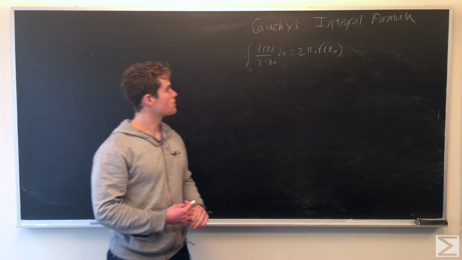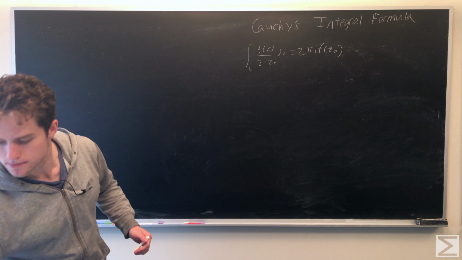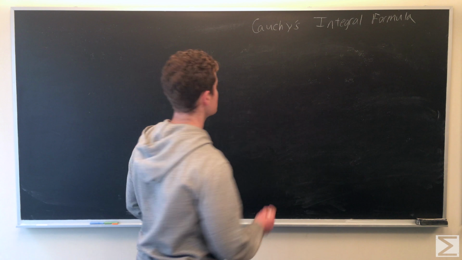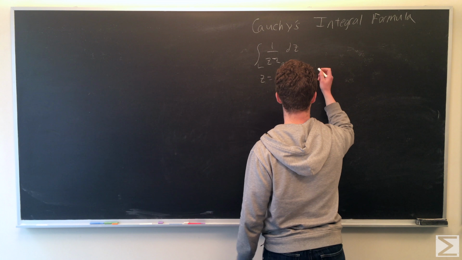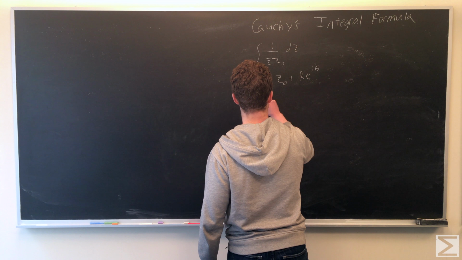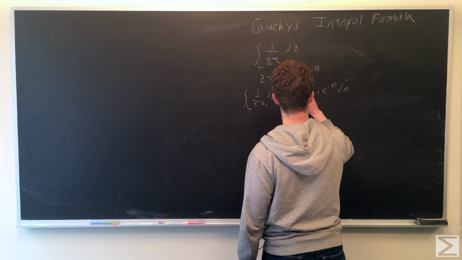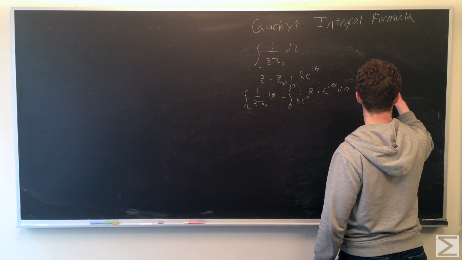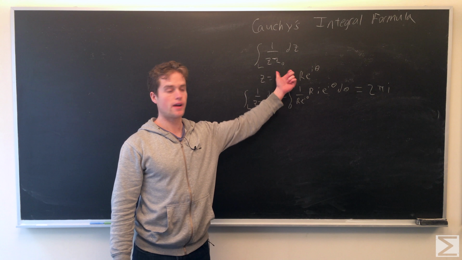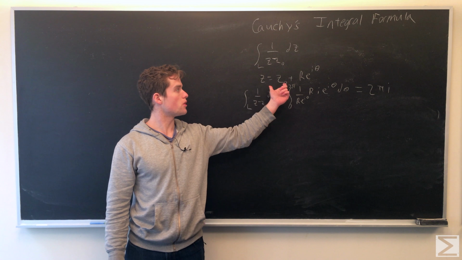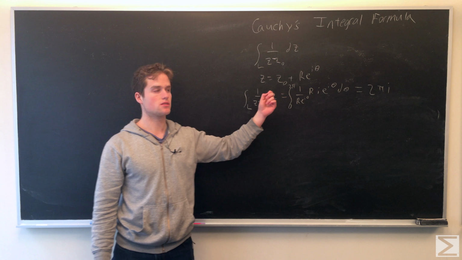So we can show that this is true. First thing, we can establish that this integral, in fact, equals 2 pi i. To do this, we're integrating over a circle centered at z naught of some arbitrary radius.